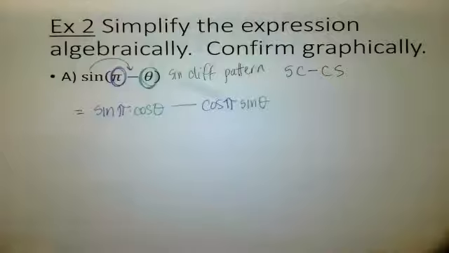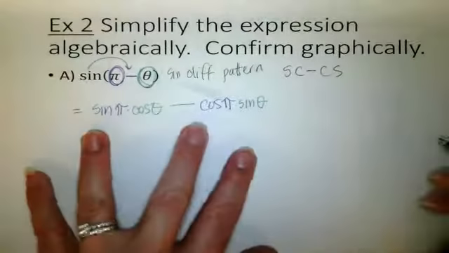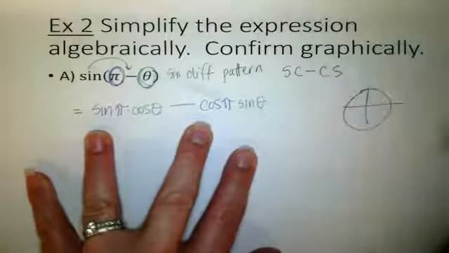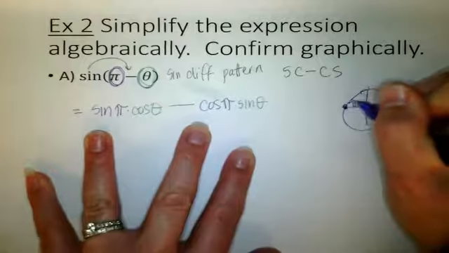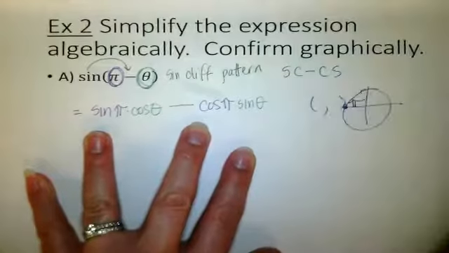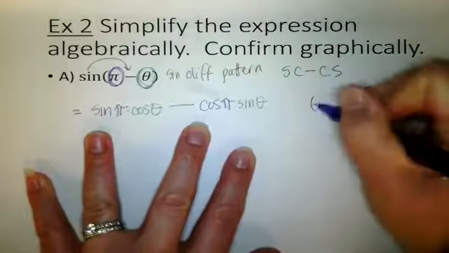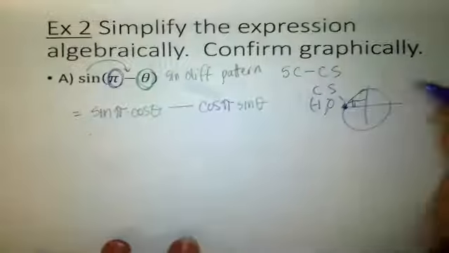This is the point where you have to figure out what things we can actually evaluate and what things we can do nothing with. So what can we actually evaluate? The sine and cosine of pi. Pi is an angle measure. Pi is right here on the unit circle. What's the ordered pair at pi? Negative 1, 0. Cosine, sine.